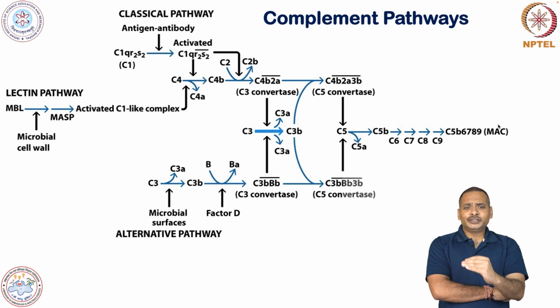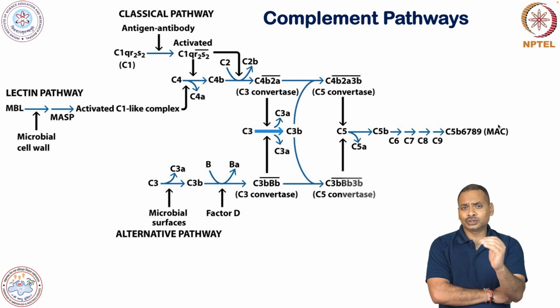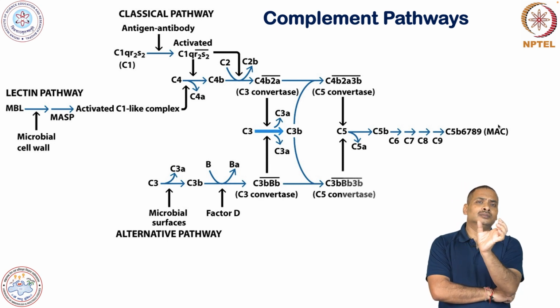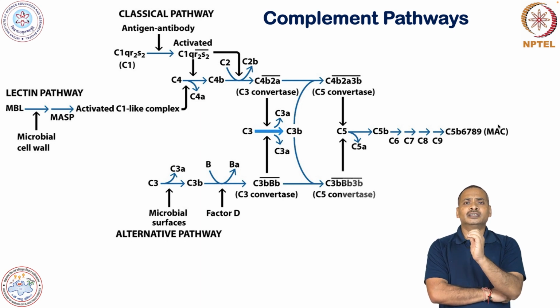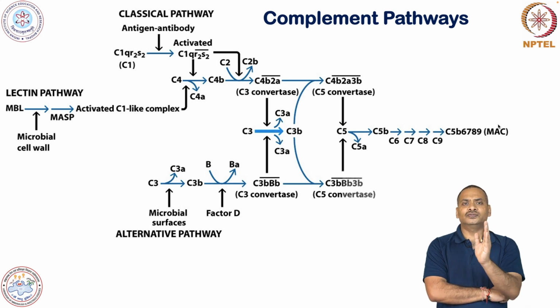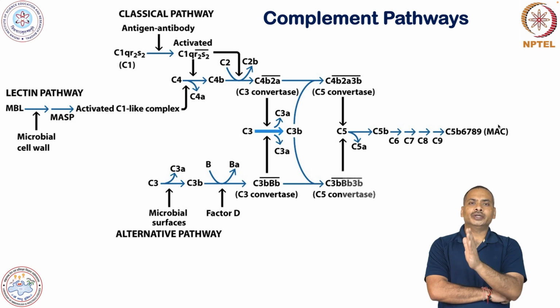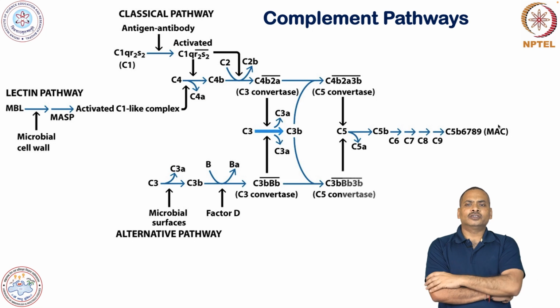Okay, so here you can notice that the C3 convertase in the classical pathway is composed of a different protein complex. In the classical pathway, it consists of C4b and 2a. And the C5 convertase is also different. This is C4b, 2a, 3b. Okay, so this is one of the major differences.